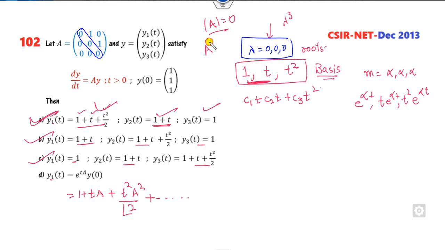So it means A cube is 0, because all eigenvalues are 0. So up to this is fine. Again you can see these are the linear combination of 1, t, t square by 2, that's a constant. So this is because y0 is 1, 1, 1. So this is a linear combination of this basis. So we can see all are my correct options.